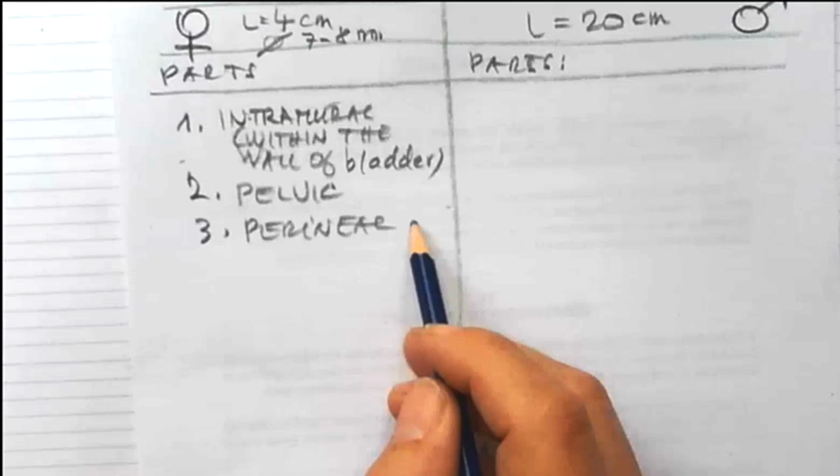Number 3 is the membranous part, because it passes through the urogenital diaphragm, where there is a sphincter. Also in both sexes there is the sphincter. Number 4 is the spongy part, because it passes through the penis. Right. So there are 4 portions.